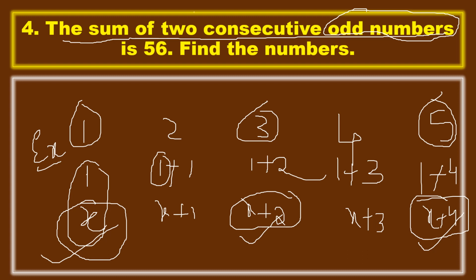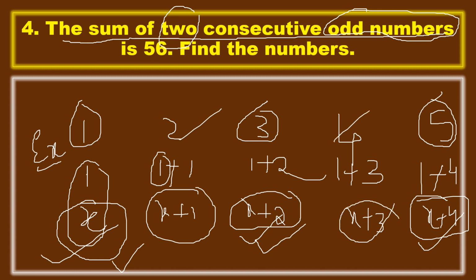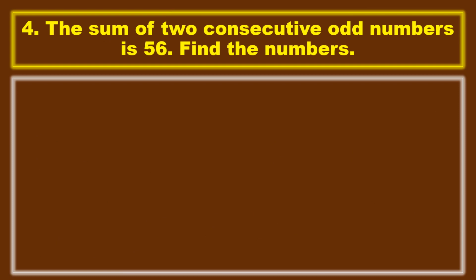But here how many numbers do I have to take? Only 2 numbers. So one is x and one is x plus 2. Suppose in the question it is given consecutive even numbers, you should take x plus 1 and x plus 3, whatever is there in these places. So whenever you are writing consecutive odd numbers or even numbers, just take the example like 1, 2, 3, 4.